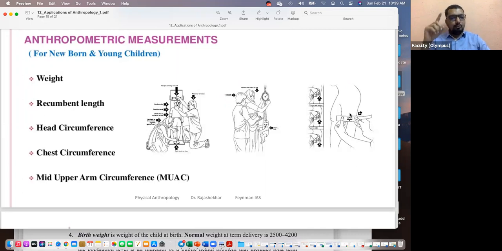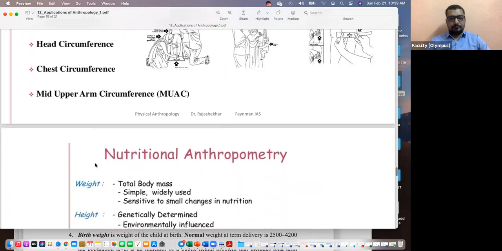So the most common ones are height, weight, and this MUAC, or mid upper arm circumference. Chest circumference is not commonly used. So these types of measures are usually computed.